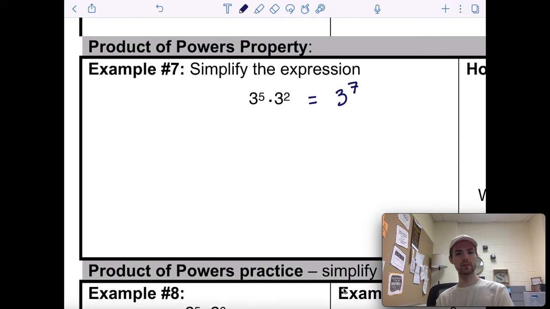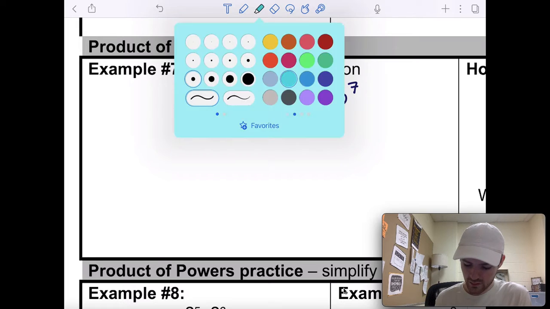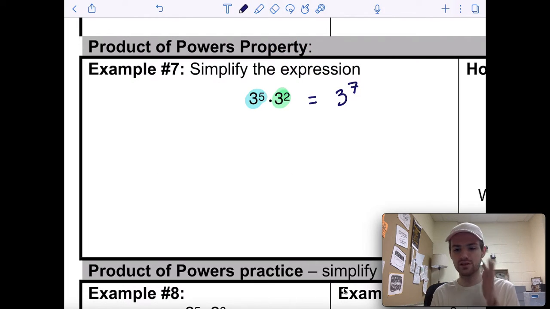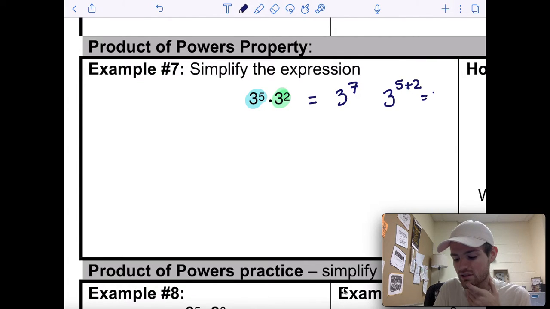Maybe think about where that number is coming from. Do you see the trick? If we take this 3 to the 5th, and add those two exponents of that base 3, we'll get 3 to the 7th. Here, I'll erase this.